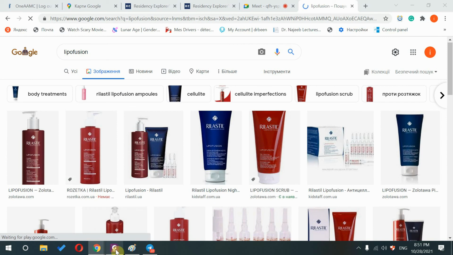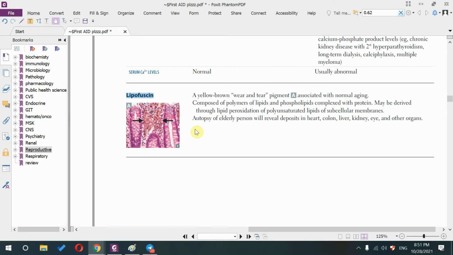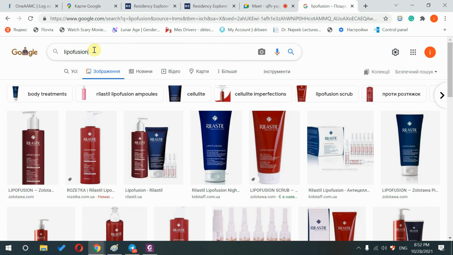Let me show you here, hopefully. Lipofuscin. I cannot say it normally. Anyway, it looks brownish, and when you see it, you have to differentiate it from hemochromatosis. There is an easy way and a hard way to do so. The hard way is to be a pathologist and actually know the difference between these two.